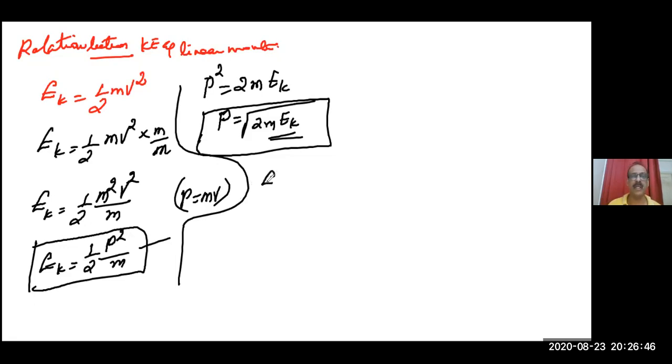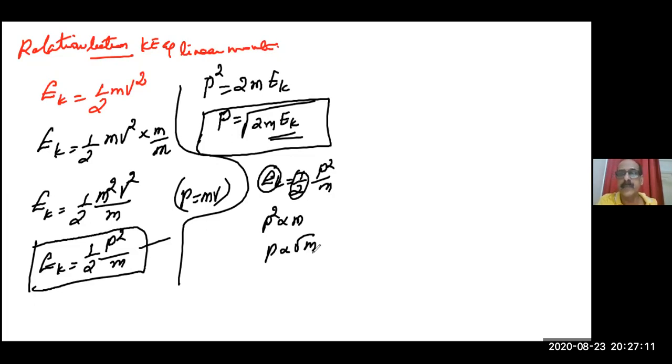We have the formula EK is equal to half P squared by M. Since EK is constant, and half is constant, P squared is proportional to M, and P is proportional to root M. Therefore, if two bodies have the same kinetic energy, the heavier body will have more linear momentum.